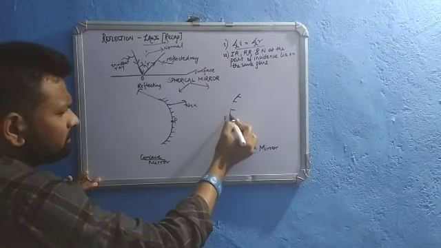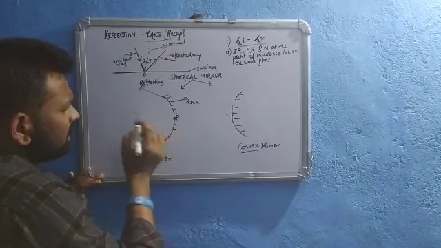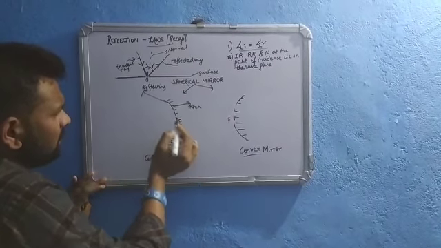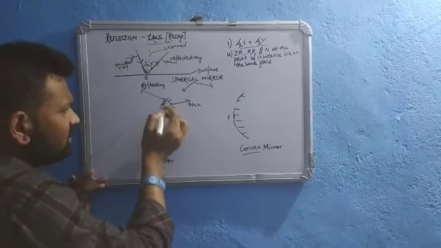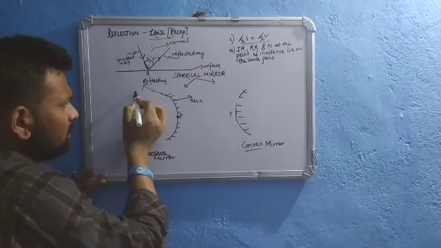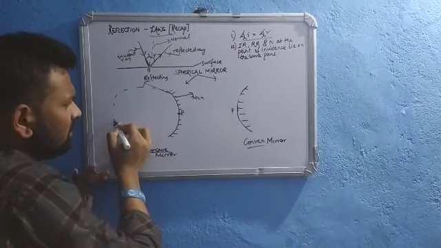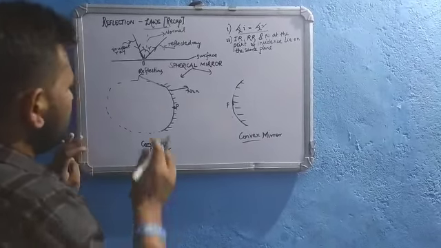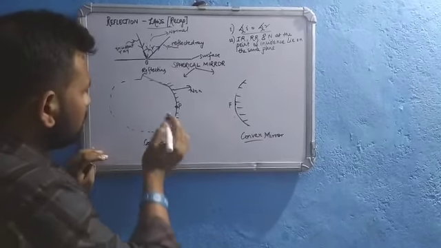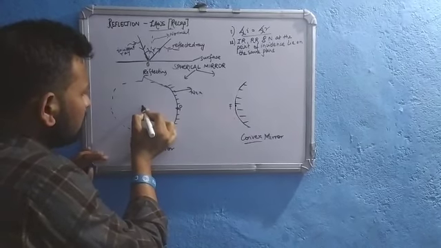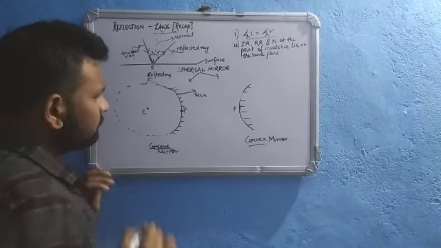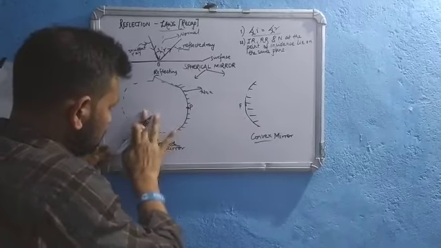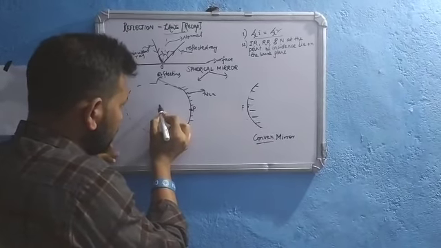This means this spherical mirror can be considered as a part of a sphere. Had it been a complete sphere, it would have appeared like this. It's not a perfect sphere, but try to manage. Its center would lie somewhere here.